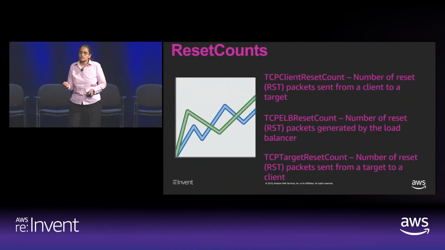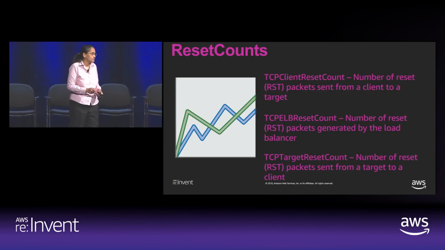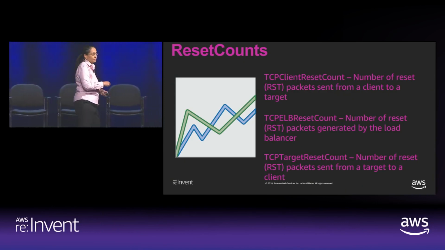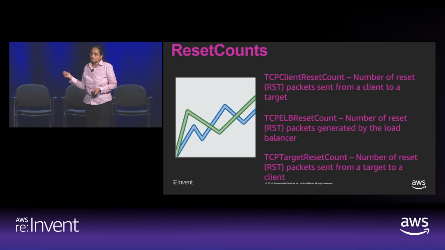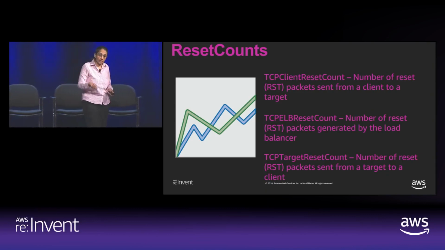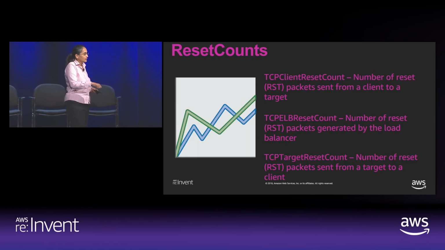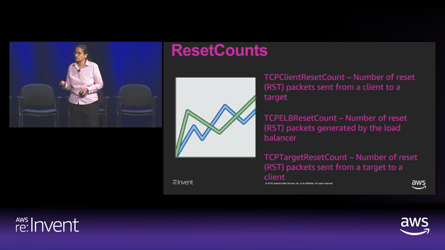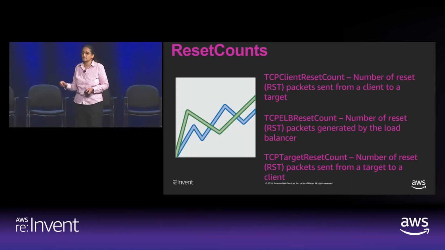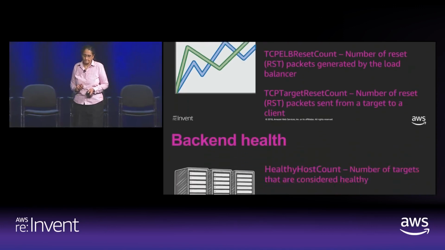Since network load balancer is a complete pass-through device, most of the resets are just passed through by the network load balancer. The client resets are passed through, the target resets are passed through. In addition, any resets that are done by the network load balancer have a new metric.